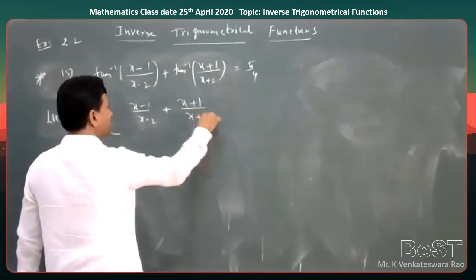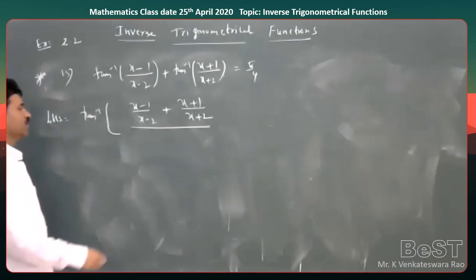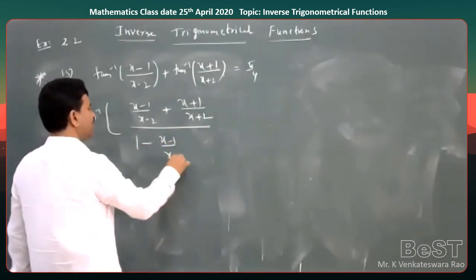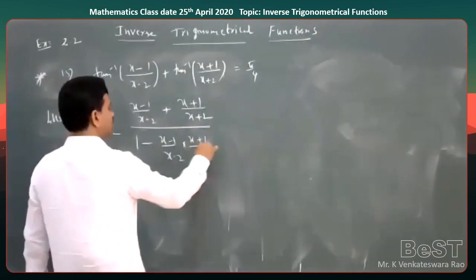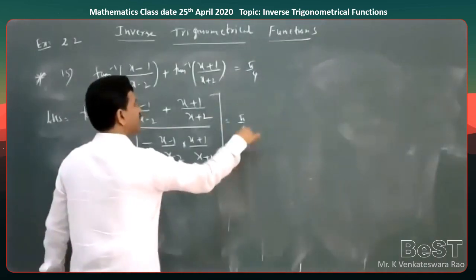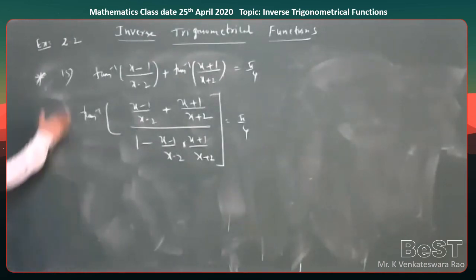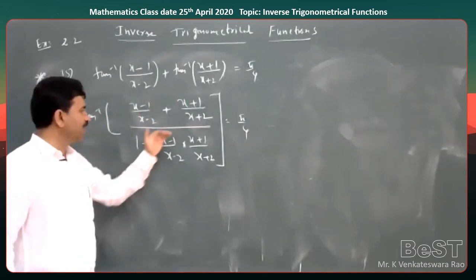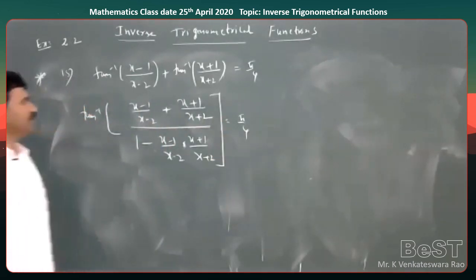X plus 1 by x plus 2, by 1 minus x minus 1 by x minus 2 into x plus 1 by x plus 2. First write this step. Just applying this formula on LHS, tan inverse of x plus y by 1 minus x into y, that is equal to pi by 4.